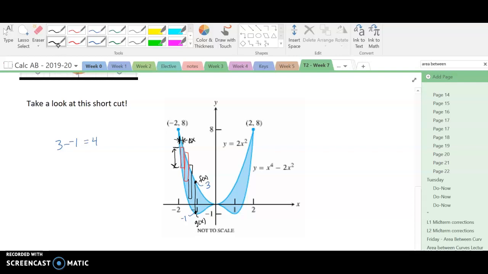If I thought about it more generally, the 3 is really representing the y-coordinate on f, and the -1 is really representing the y-coordinate on g. And so we're going to subtract the lower curve from the upper curve, and that's always going to give you the height of the rectangle.